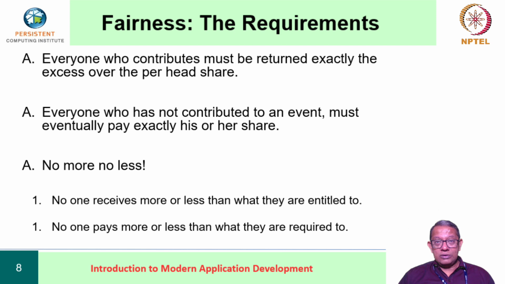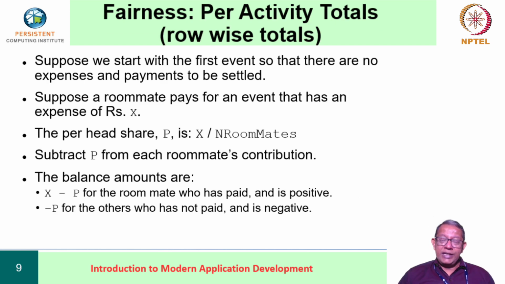No one receives more than whatever is the share that he or she is entitled to, and no one pays more than whatever he or she is required to. This notion of fairness: you only pay as much as you owe and you only receive as much as you have contributed. Let's look at how this idea of fairness actually works out given our solution approach.